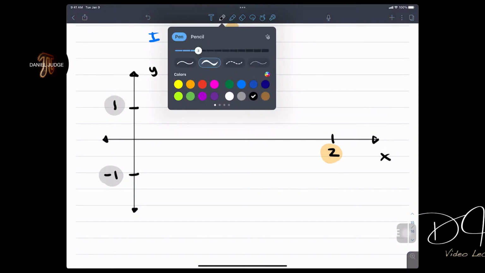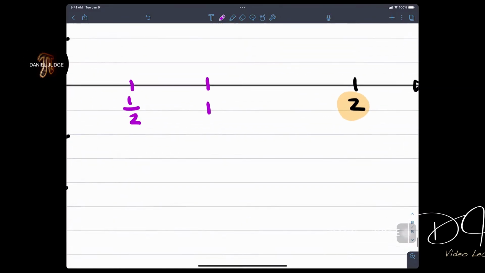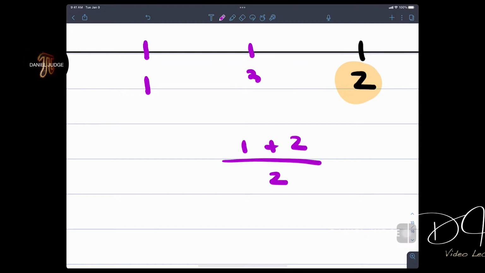Now halfway, ladies and gentlemen, halfway between 0 and 2 is 1. And then halfway between 0 and 1 is 1/2. Now, halfway between 1 and 2, you might say, I don't know what that is. Well, add them, divide by 2, and 1 plus 2 will be 3, so this becomes 3/2. There you go.